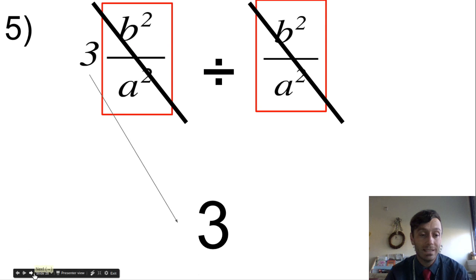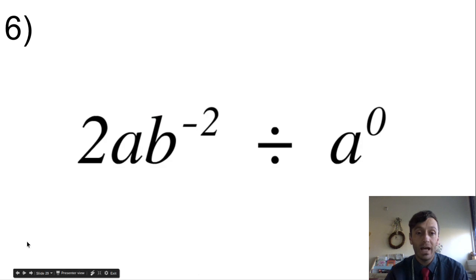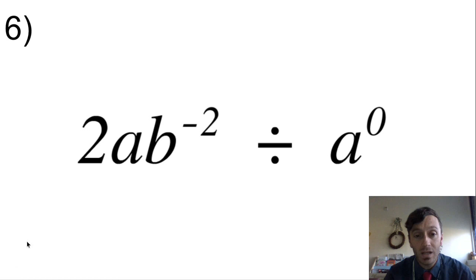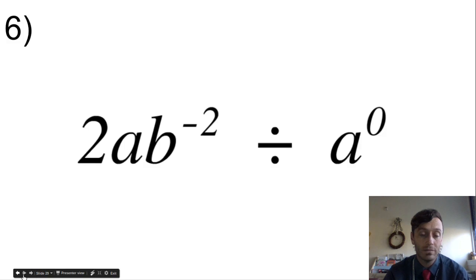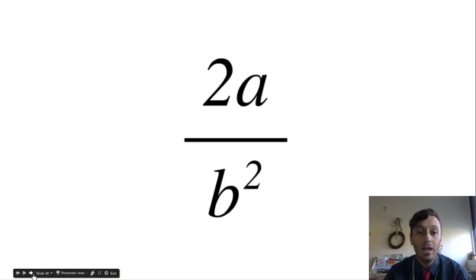Question number 6. Wow, we're going really fast. So 2a b to the negative 2 divided by a to the 0. What do we have to do? Well, sorry, I'll go back. Pause the video. And you should get 2a over b squared. How do we do that? I'll show you.